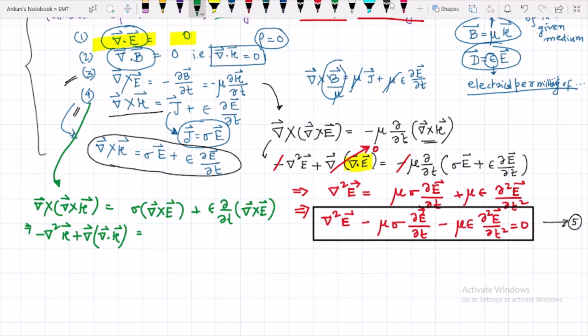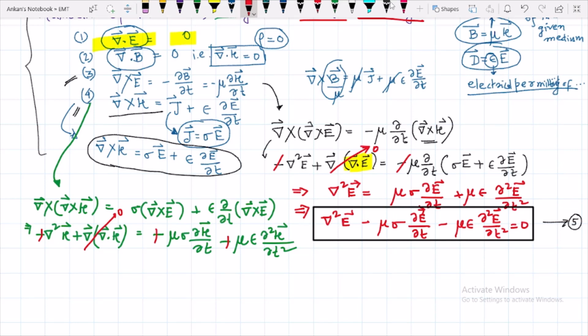Curl of E implies minus mu del H del T, minus mu sigma del H del T, and this is also minus mu epsilon del 2H del T2. Again this is going to be 0 because of del dot H, and all the negative signs will become positive.